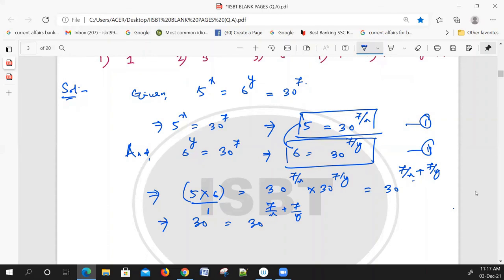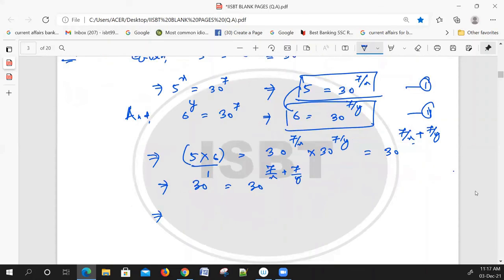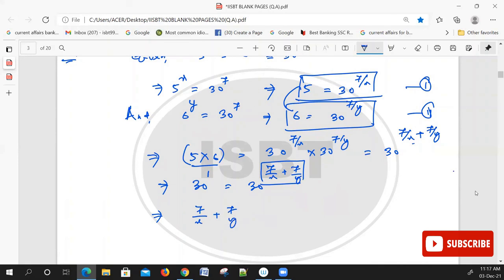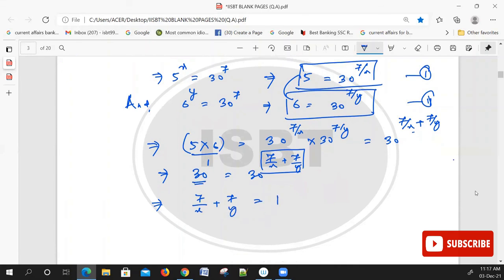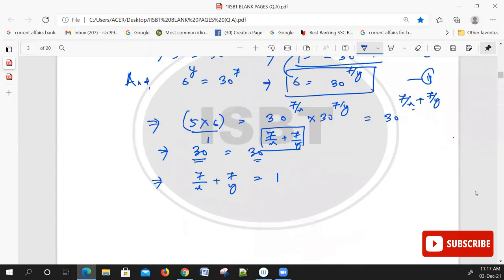Okay, now we can write 7/x plus 7/y is equal to 1, because both sides have base 30.